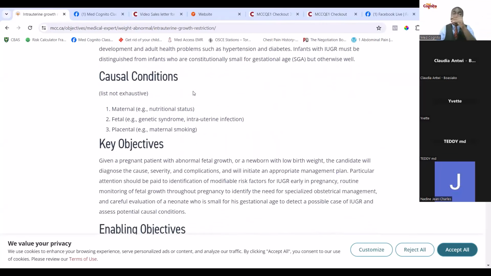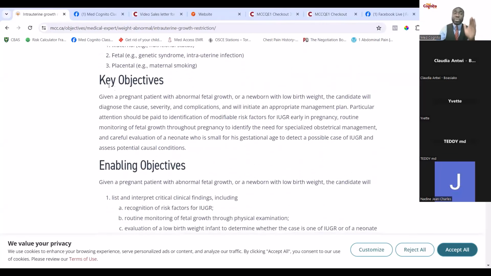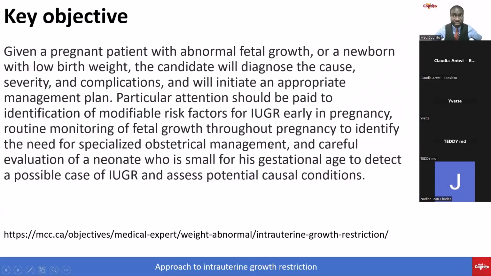They will state that, and then they'll come to causal conditions, and they'll go to key objectives. So if you see me quoting these things in the lecture notes, I'm basically picking them from the MCCQE1 objective portal. And then, based on the information they are giving us, we are building on it gradually so that you can get the entire concept.